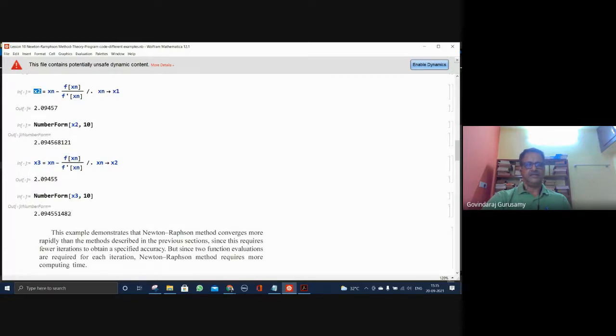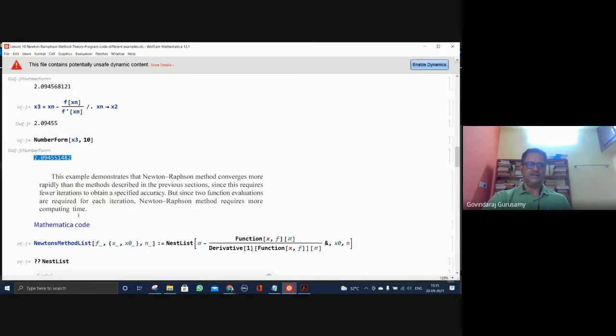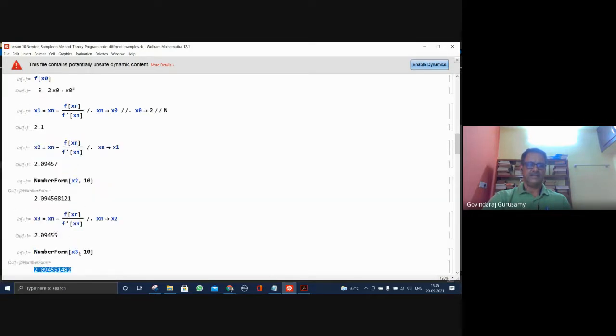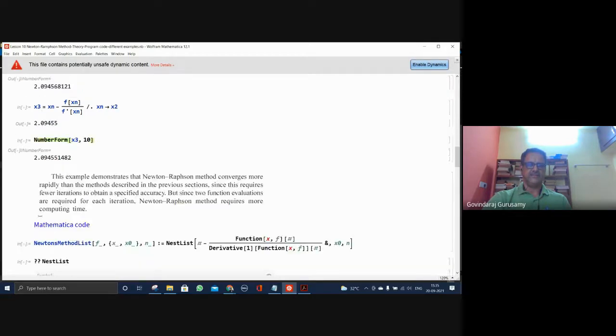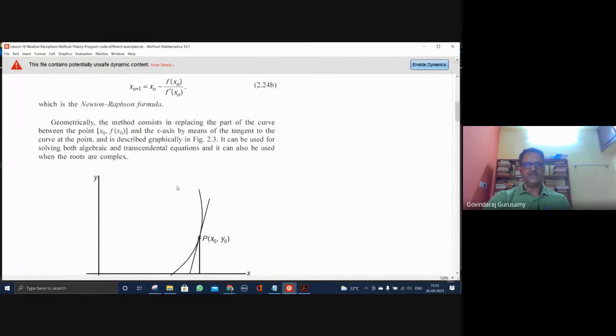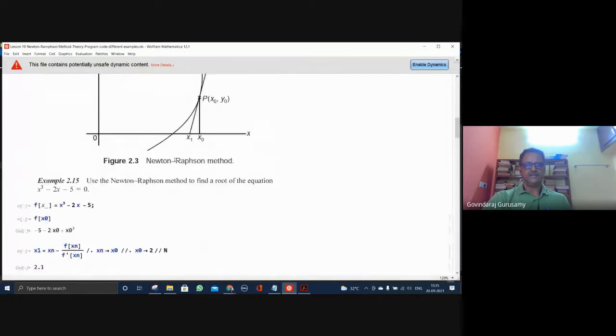You look at the previous problems we have tried, there you need to have 7 to 8 iterations for an accuracy of say fourth decimal or fifth decimal. Here it is just 3 steps enough to reach this accuracy. Okay, so there is an advantage over these other methods. That's why this is generally the most powerful one compared.